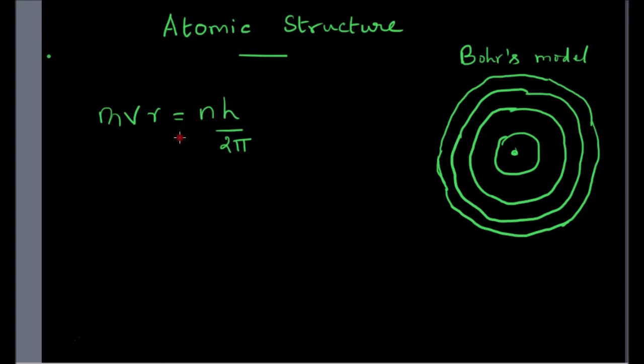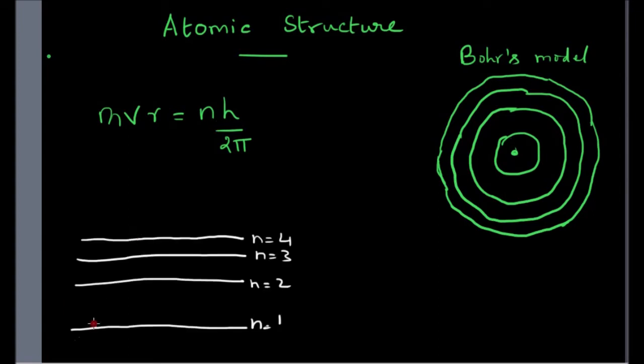Now, Bohr said an electron which is in the first orbit, like in the case of the hydrogen atom, can absorb energy and jump to higher orbits. I will show you that diagrammatically.